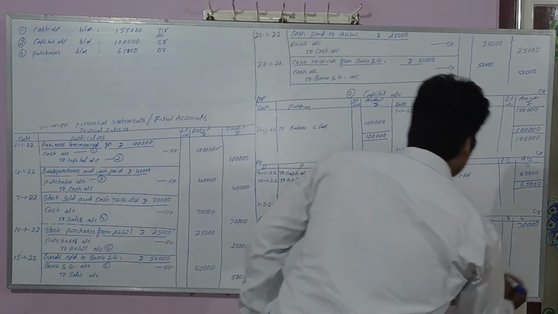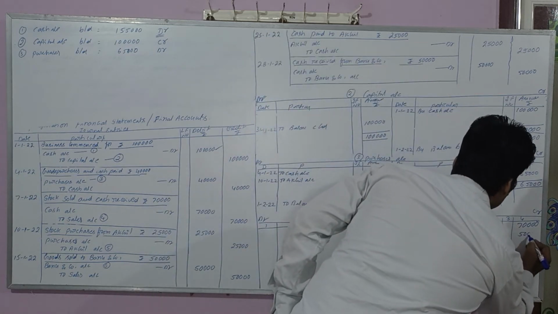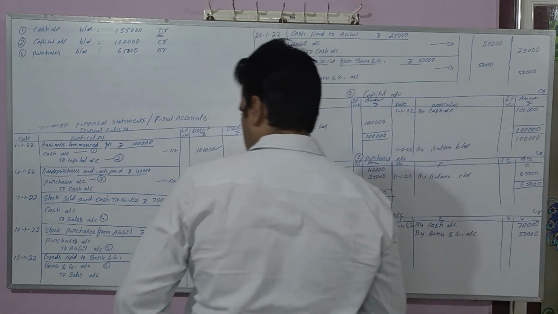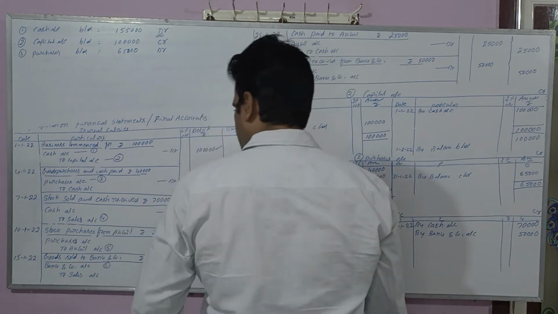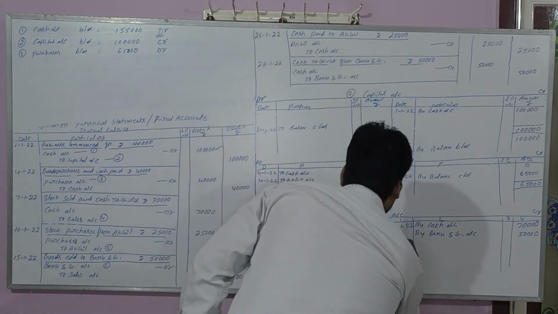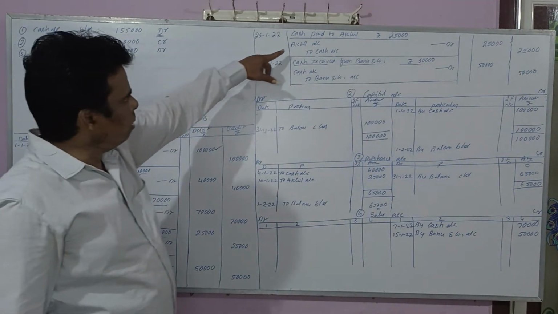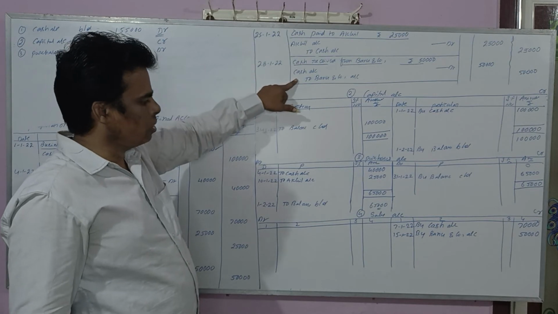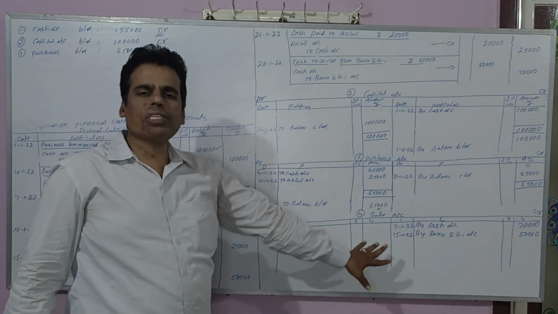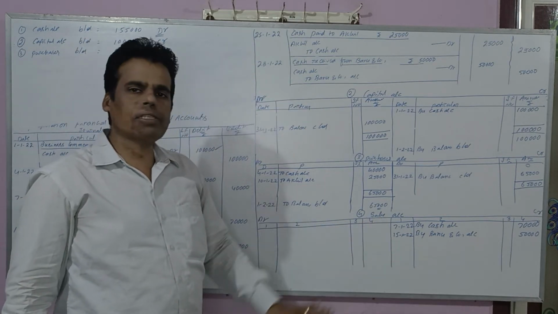The amount is 50,000. Date 15/1/22. In the next entries, there is no sales. That's why ledger posting is completed for the sales account.